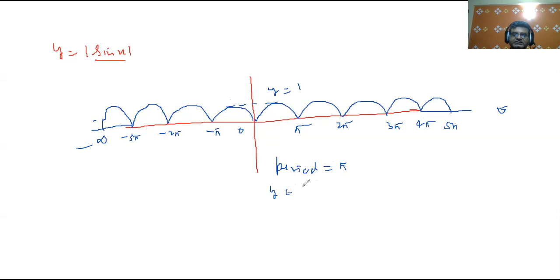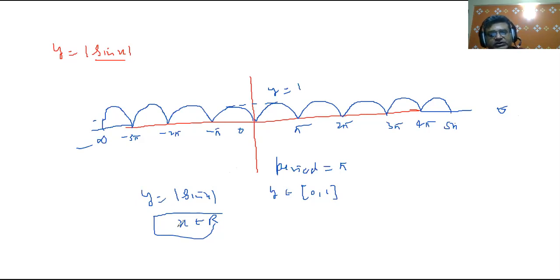Here y is now from 0 to 1, in this case, when y is equal to modulus of sine x. But there will be no change in x. x can take all real values, as you can see, from 0 to infinite and from minus infinite to 0. So you have seen the impact of modulus on x and on the whole.